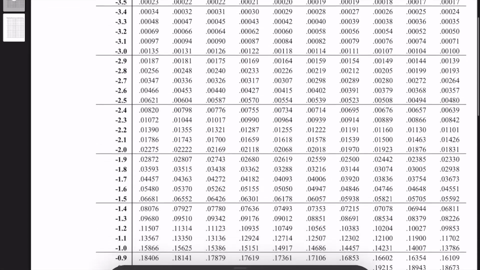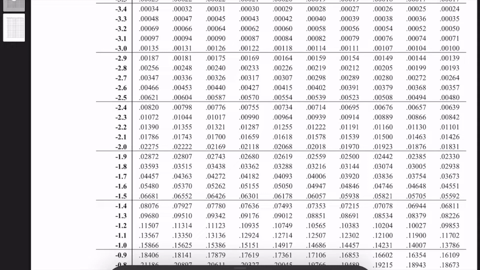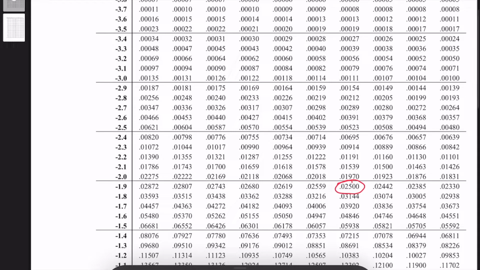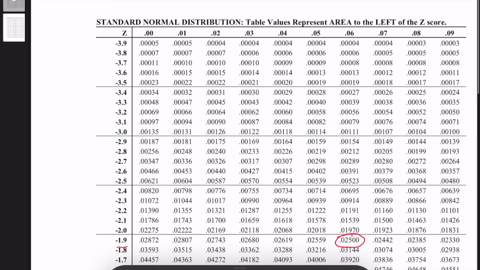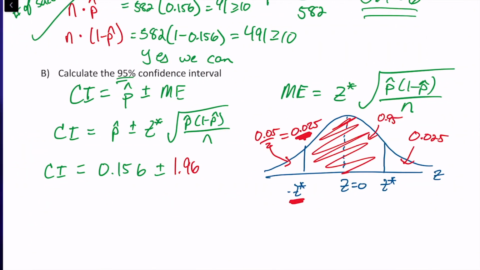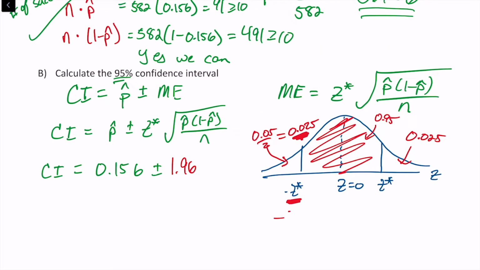We go here, and we see right here, we have 0.02500. So what's that z-score? It's negative 1.96, which indicates the positive version is just exactly that. So that's where we get the 1.96 from.